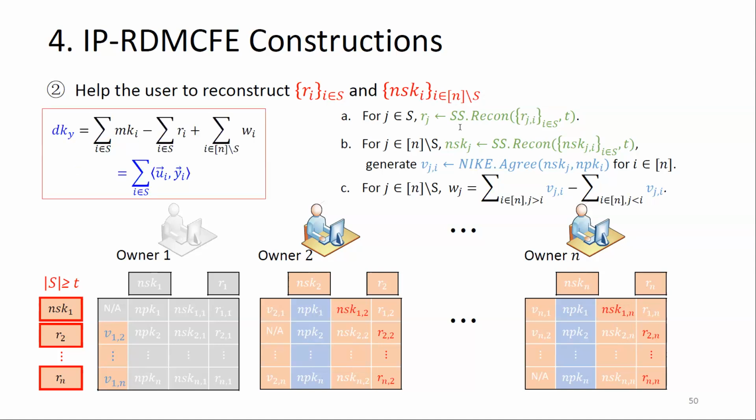So the user can calculate this formula and obtain the DKI, which is the part of the functional key SKI in the special IPMCFE.